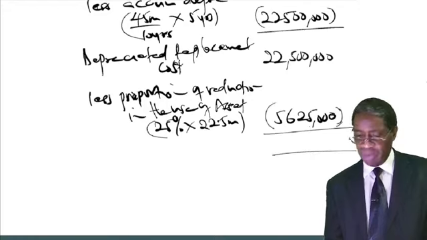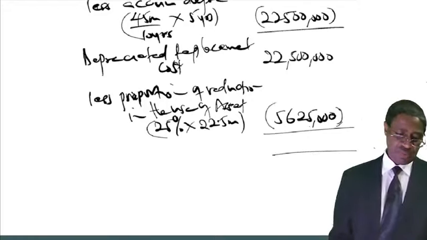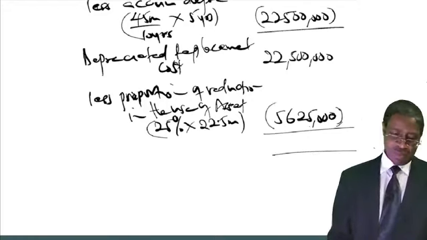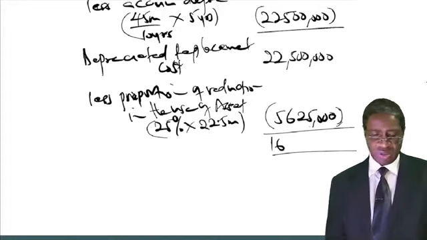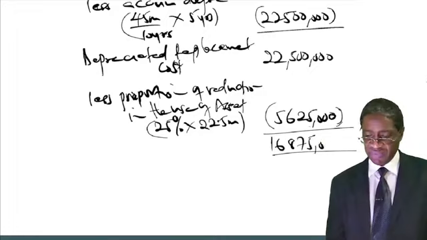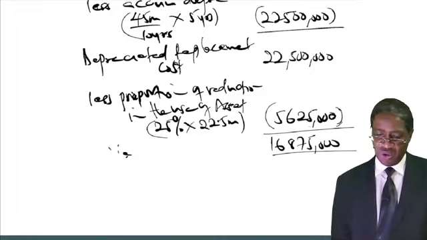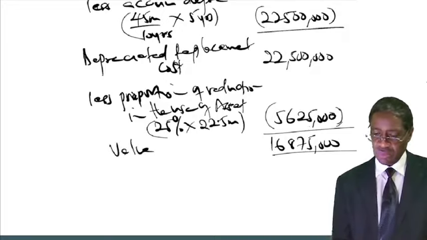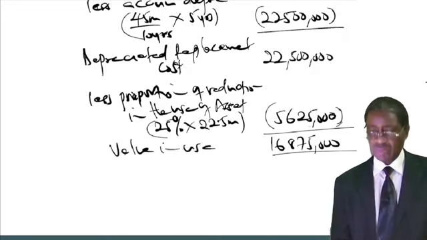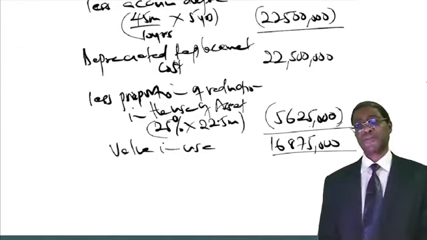Then I remain with a balance of 16,875,000. That's what we are calling the value in use.